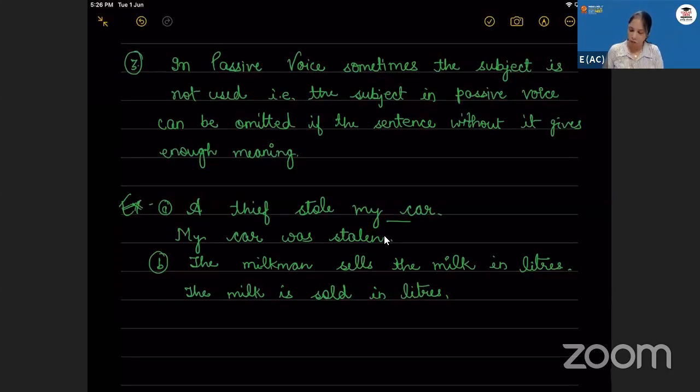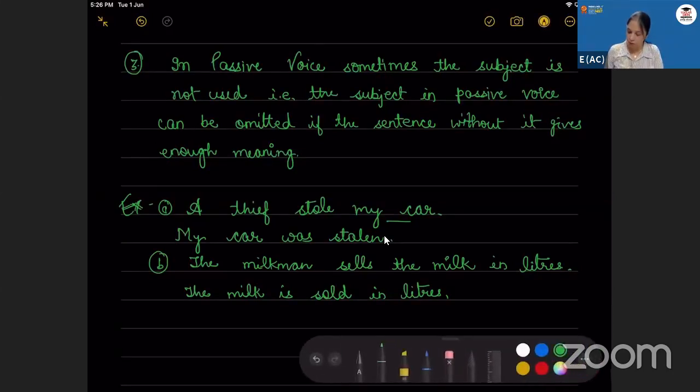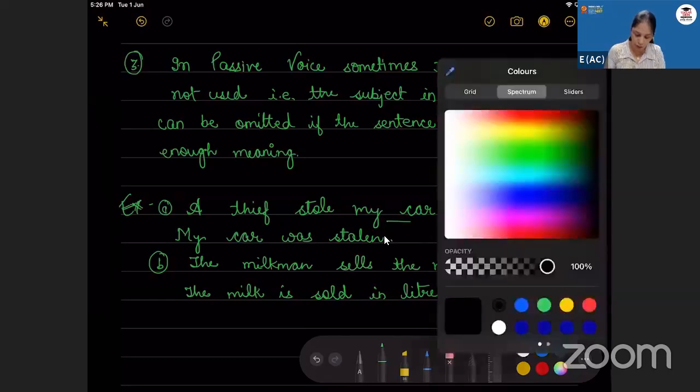Now we move on to rule number 4. That is, change the base verb. Ma'am, can this third rule not be applied on active voice?